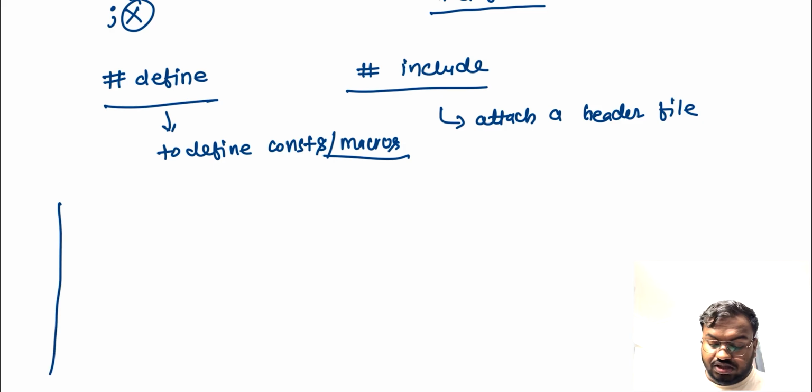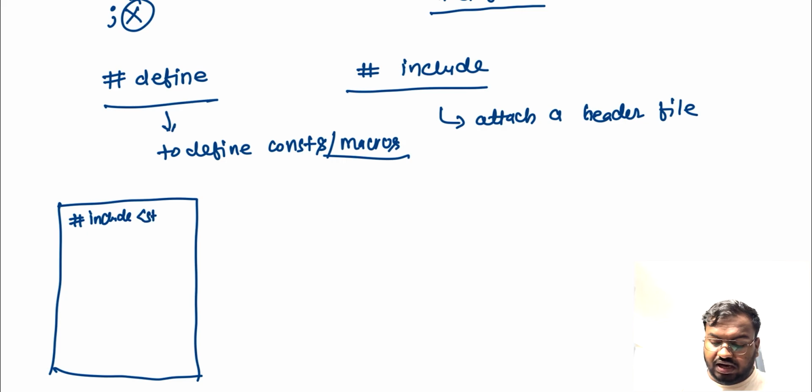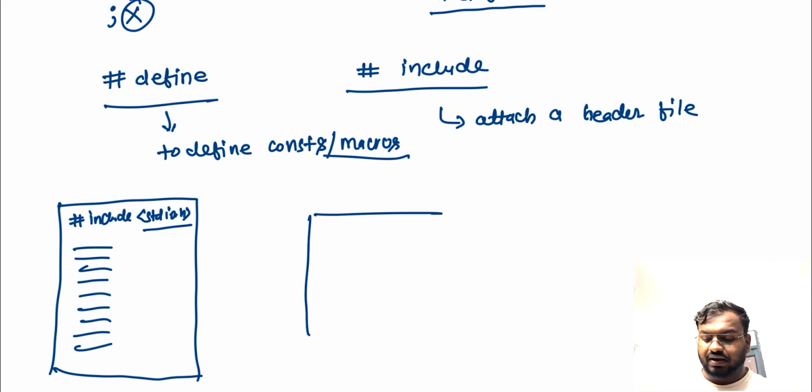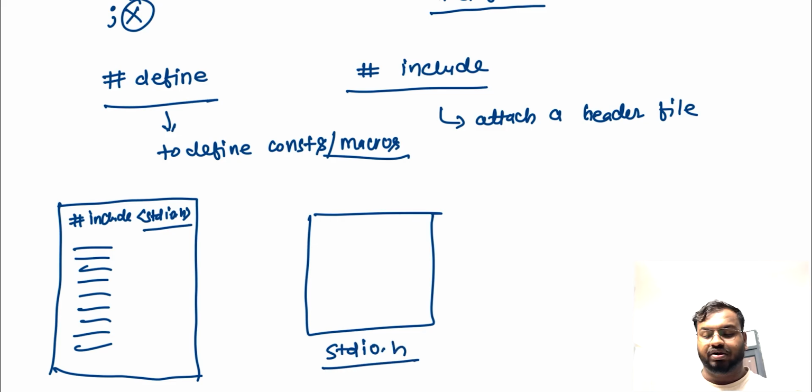For example, this is your program and you have used hash include stdio.h, and then the rest are the instructions of your program. See this stdio.h header file, see the name: stdio.h, standard input output, and .h is the extension of a header file.